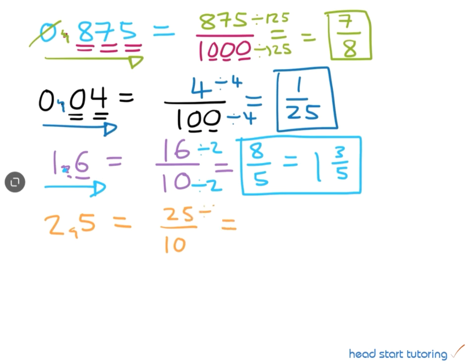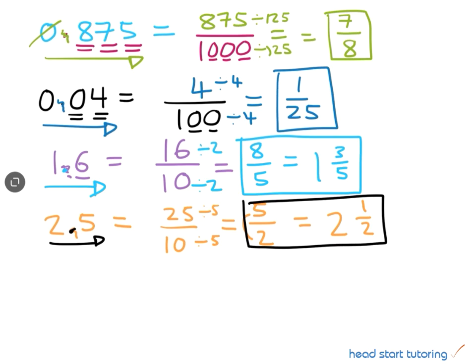We divide 25 by 5 and 10 by 5, and we end up with 5 over 2. 5 over 2 can be converted into a mixed number, and that mixed number will be 2 1/2, because 2 fits into 5 twice, with a remainder of 1 over 2. So 2.5 as a decimal will be 5 over 2, or 2 1/2 as simplified fractions.